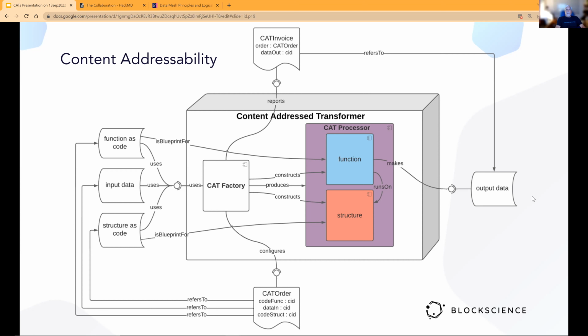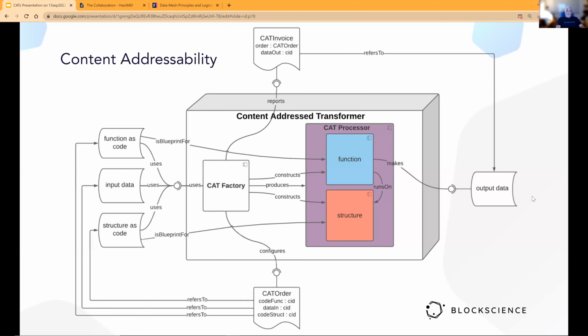And what's added in here is a component we call a factory, that basically takes an order, and in that order are links, through content IDs, to the structure as code to build the structure this thing's going to run on, the function as code to build the functional elements of the CAT, and also the content address of the input data.